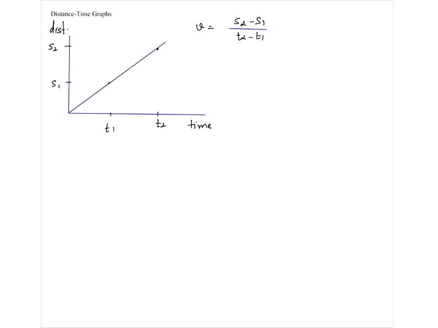So in t2 minus t1 time, distance traveled is S2 minus S1. And because speed is constant, I can take any 2 points of my liking. So such cases are easy cases of constant speed.